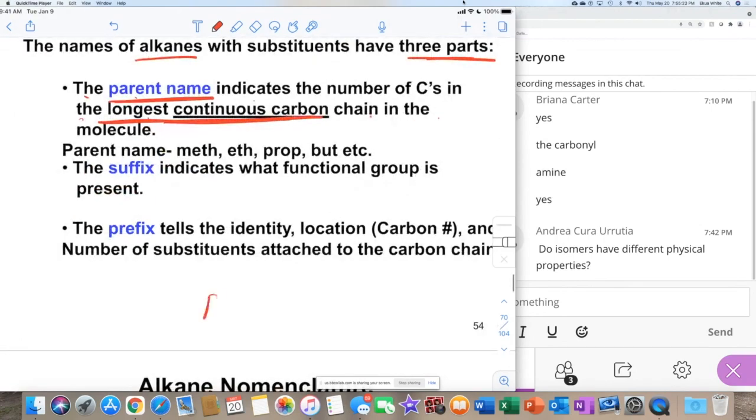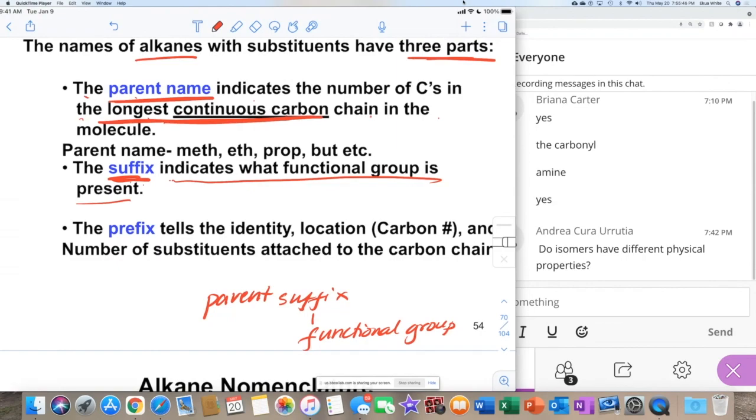So you have the parent name, and then you have the suffix, the part that comes after the name, and the suffix indicates what functional group is present. So suffix goes with functional group.